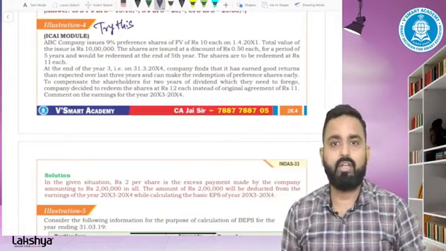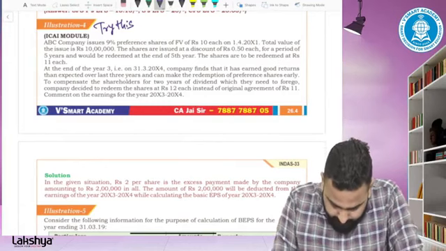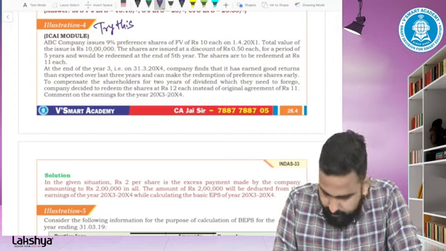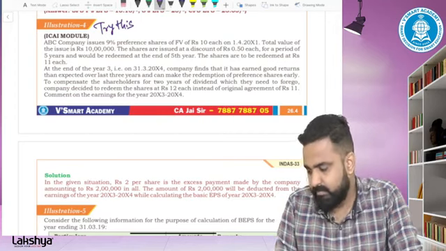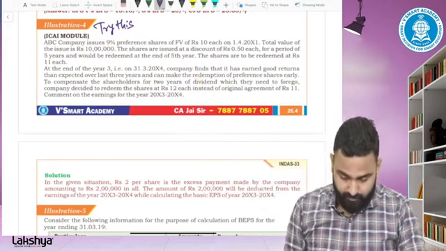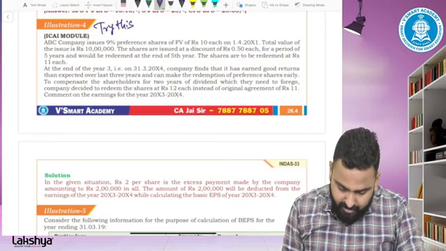Yes, illustration number 4. I think they have paid the settlement premium. They have paid a settlement premium on the redemption of preference shares.